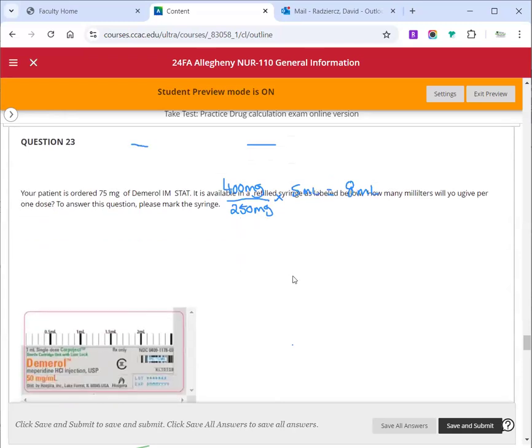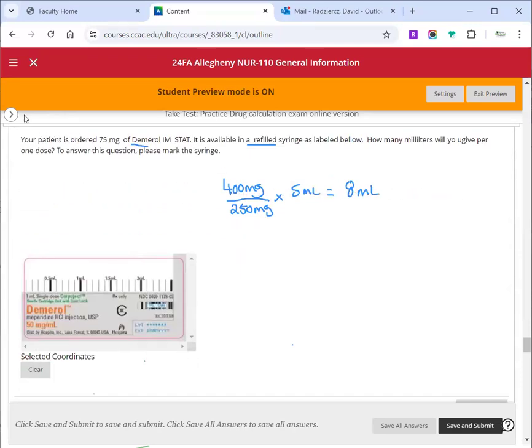Right. Here's another marking, this time it's marking a tubex. So let's do this here. All right, so the order is 75 milligrams of Demerol intramuscular.